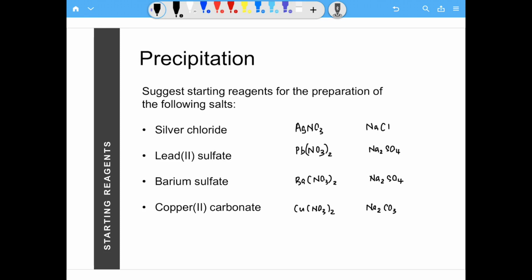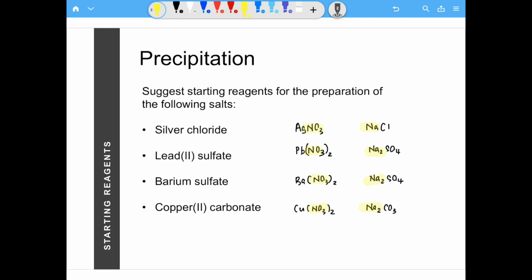So at this point, I hope you have gotten the hang of determining the starting reagents required for the precipitation method. Once again, if the question has no restrictions, always choose the nitrate and the sodium salt that contain the ions of the salt to be prepared.